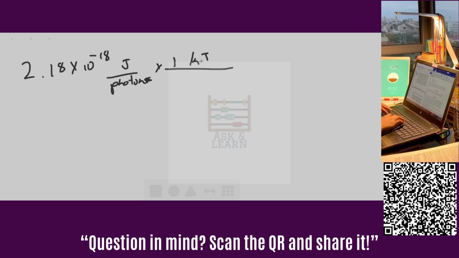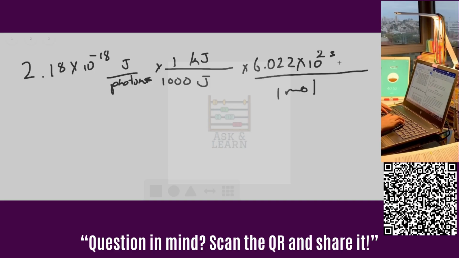So 1 kilojoule is 1,000 joules. Then the famous number, Avogadro's number: 1 mole is 6.022 times 10 to the 23rd photons.